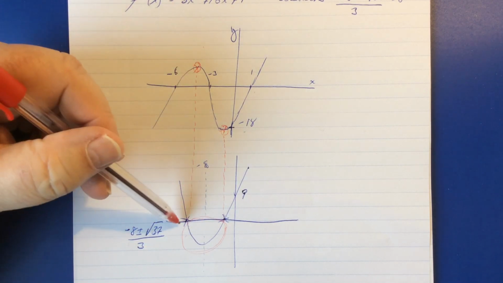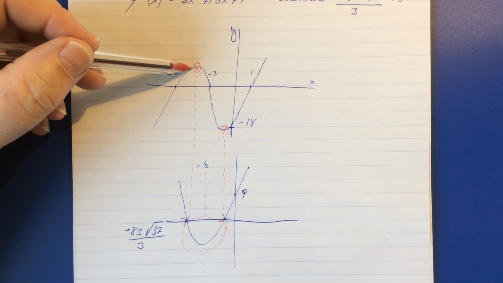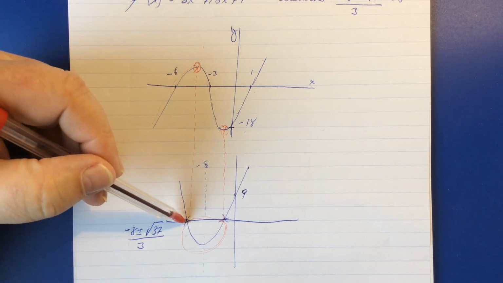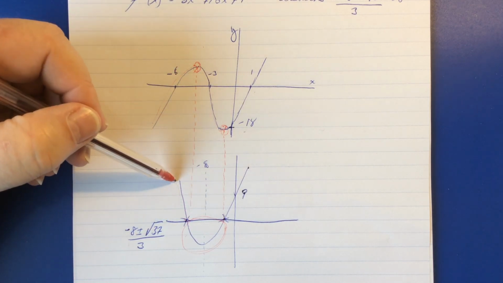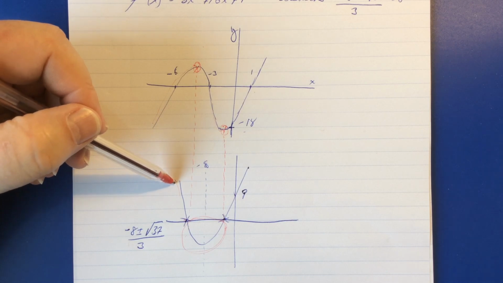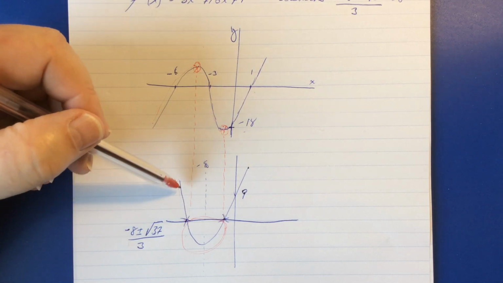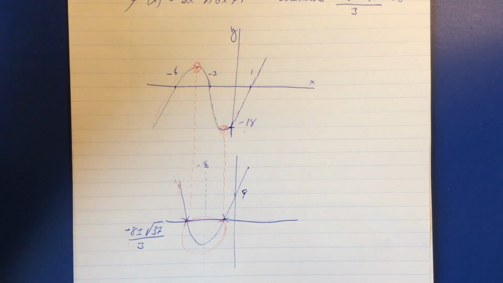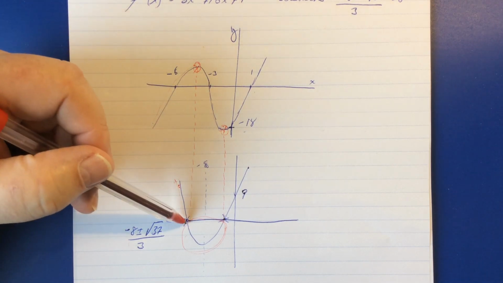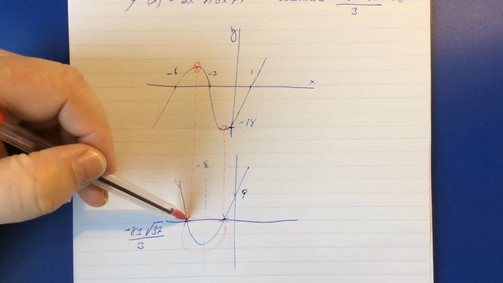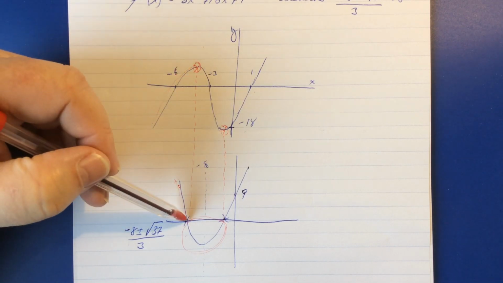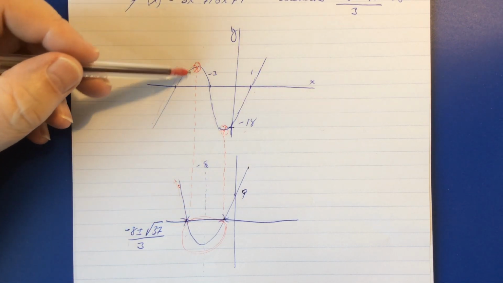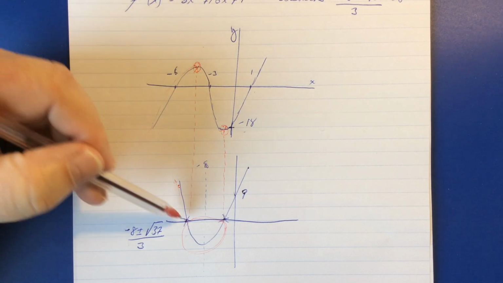Back beyond this point here on this graph, the gradient is positive. It has come through the x-axis, and the y values, do not mistake this for the gradient, it is the value of the gradient. That's really important. It has broken through the x-axis at this point, and the gradient all the way back to negative infinity will be positive.